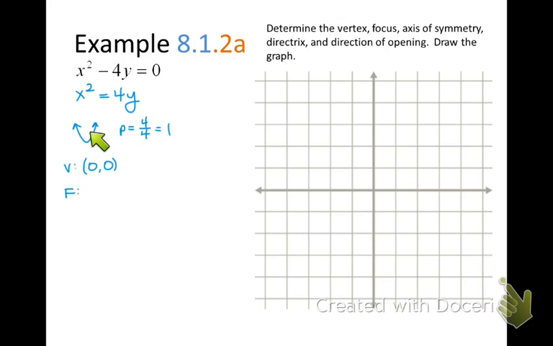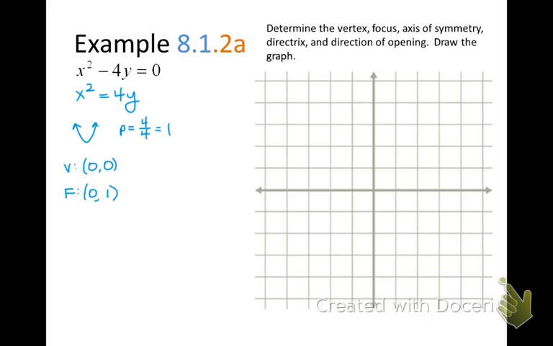So does my x value on a vertical graph going up, does my x value change horizontally or vertically? Vertically, which means my x value does not change, right? So that means that my focus is still at 0. And how much am I going up to get to the focus? Distance of p, right? So I'm going to go up to 1.